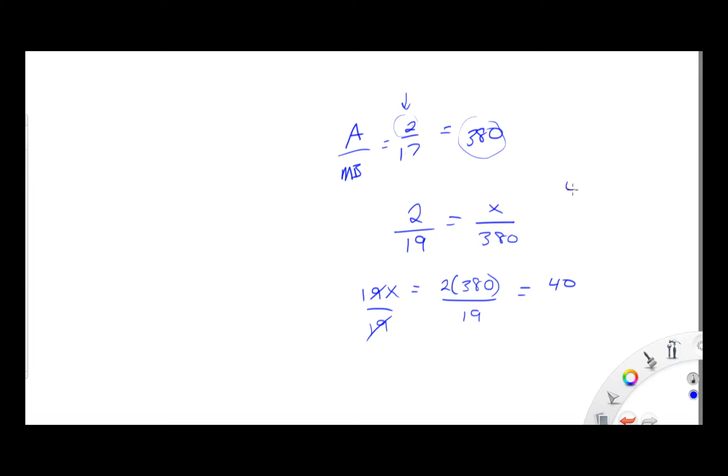So is 40 over 380 equal to 2 over 19? Yes, you can reduce these all the way down to 2 over 19. So 40 has to be the correct answer. You're going to see these kinds of problems in your text, and I don't think you'll have too many problems with them because they're quite easy.